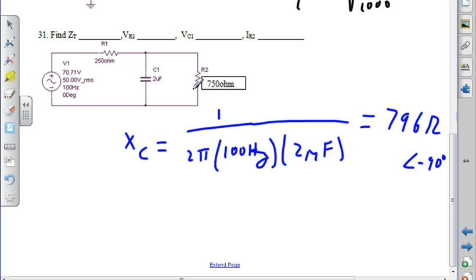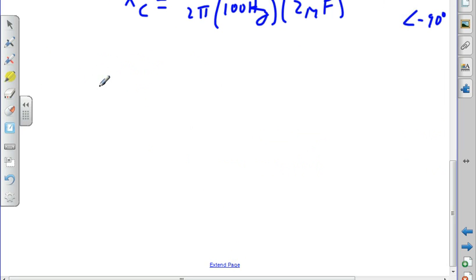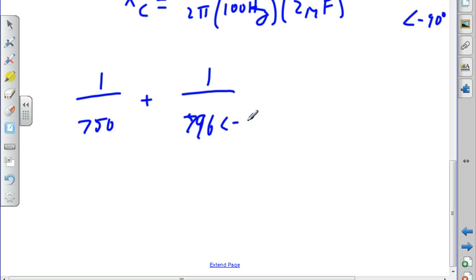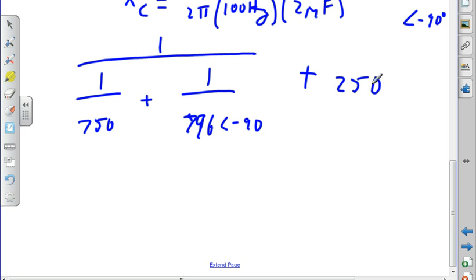Now I've got to find the parallel resistance, and then I've got to add it to the series resistance. All right, so I've got 1 over 750 plus 1 over 796 angle minus 90, all 1 over. Plus, I'm going to add 250 when I get done. Okay, so that's what I'm doing.